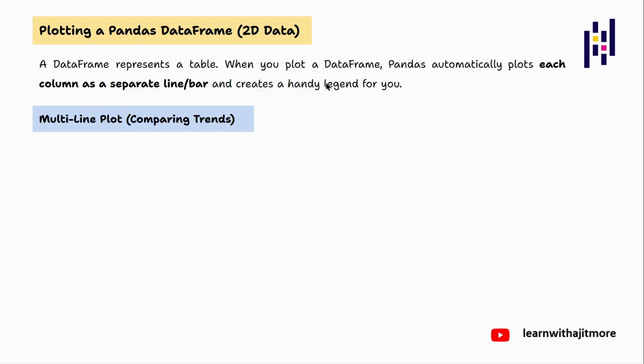We will take an example of plotting a data frame, but a line plot I'm doing. So, a multi-line plot for comparing trends. Like you have some five products you are selling, but in three different stores: store one, store two, store three.